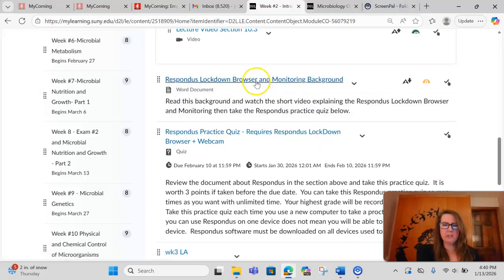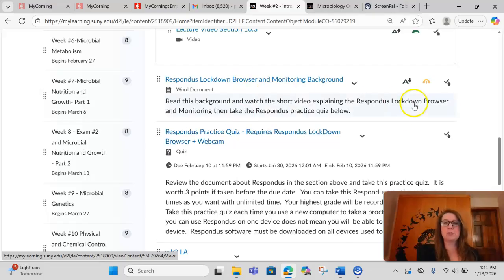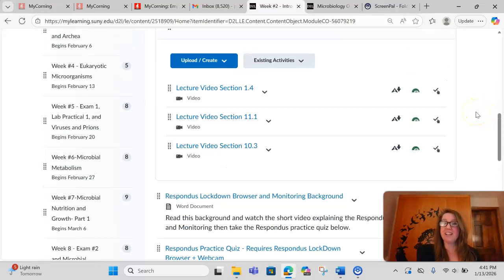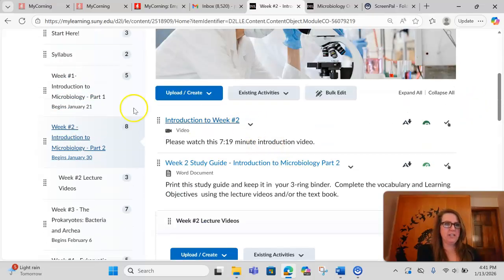There's information here to help you navigate that and a practice quiz so that you can ensure that you're going to be in the best possible position when you sit down to take lecture exams or the lab practicals. Anytime you use a different device, you may have to redo this practice quiz. You can take it as many times as you want so that you can ensure the device that you're using is working well with Respondus.